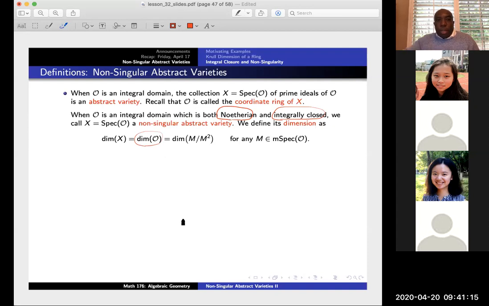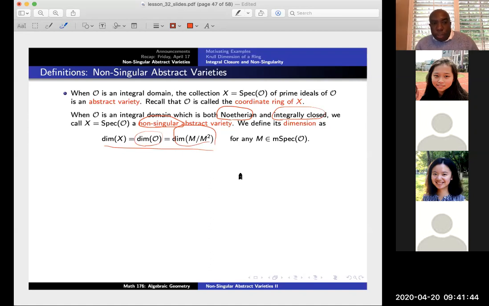In this case, if we have an integral domain that's both Noetherian and integrally closed, then we call our variety a non-singular abstract variety. And in this case, the dimension is just given by the dimension of the coordinate ring. But you'll notice that I can also write this as the dimension of m mod m squared.